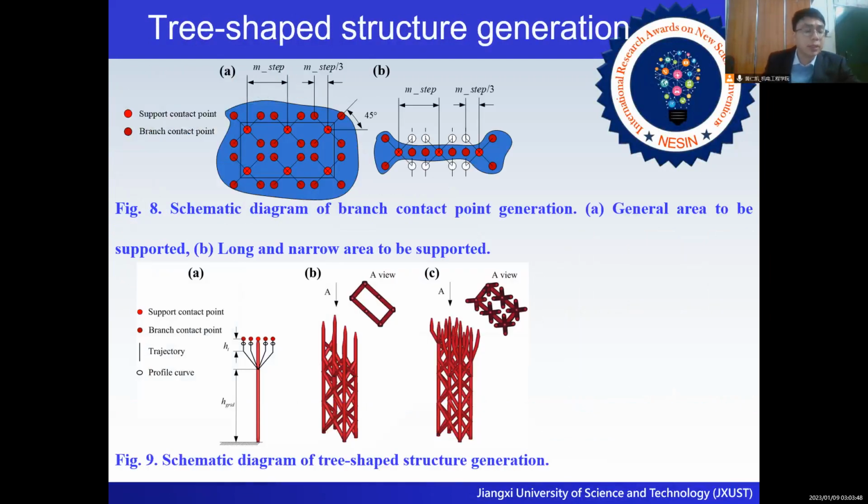And Fig 8 shows the schematic diagram of branch contact point generation. Fig 9 shows the schematic diagram of tree structure generation.